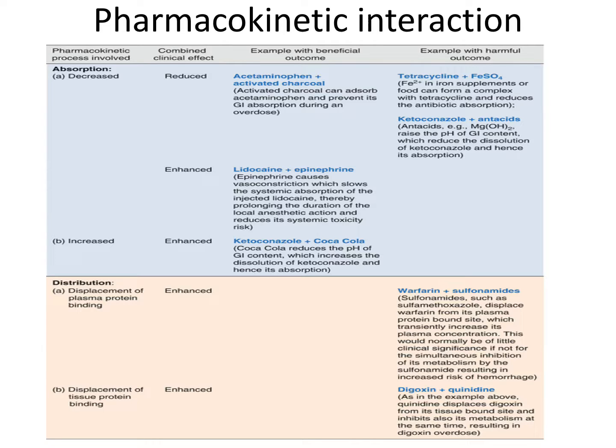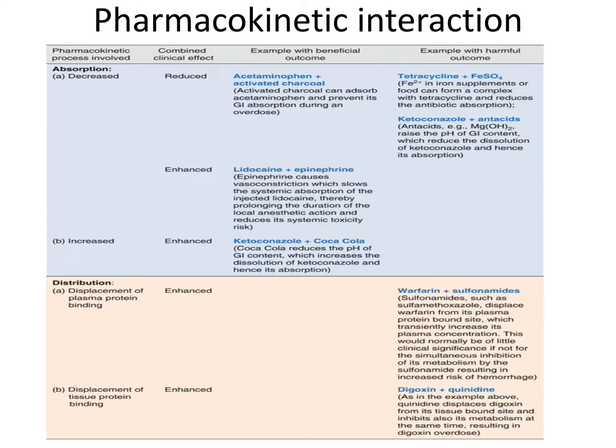One drug may bind to the plasma protein, and the other drug may compete for it, displacing the other drug. One example is warfarin and sulfonamide. Sulfonamides such as sulfamethoxazole displace warfarin from the plasma protein binding site, and this increases the plasma concentration of warfarin.